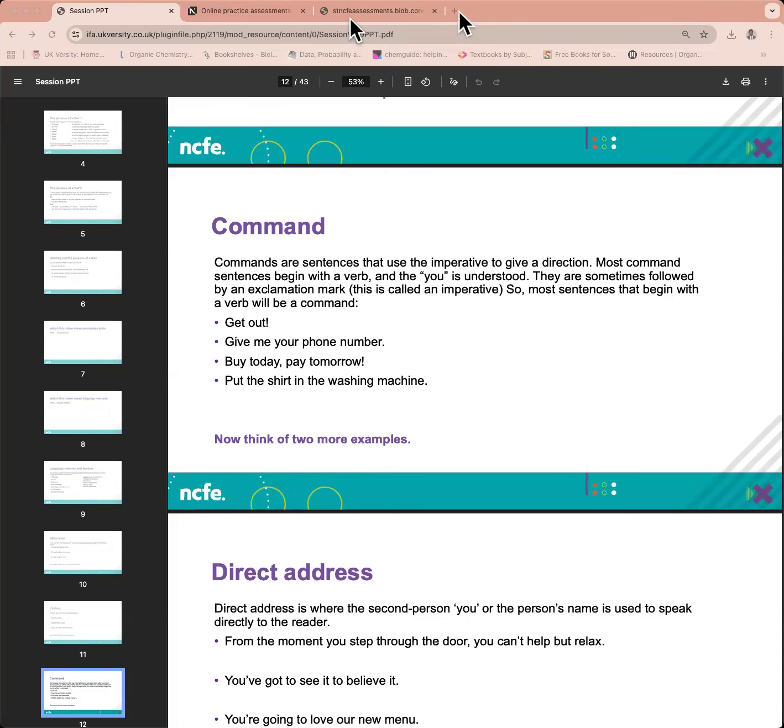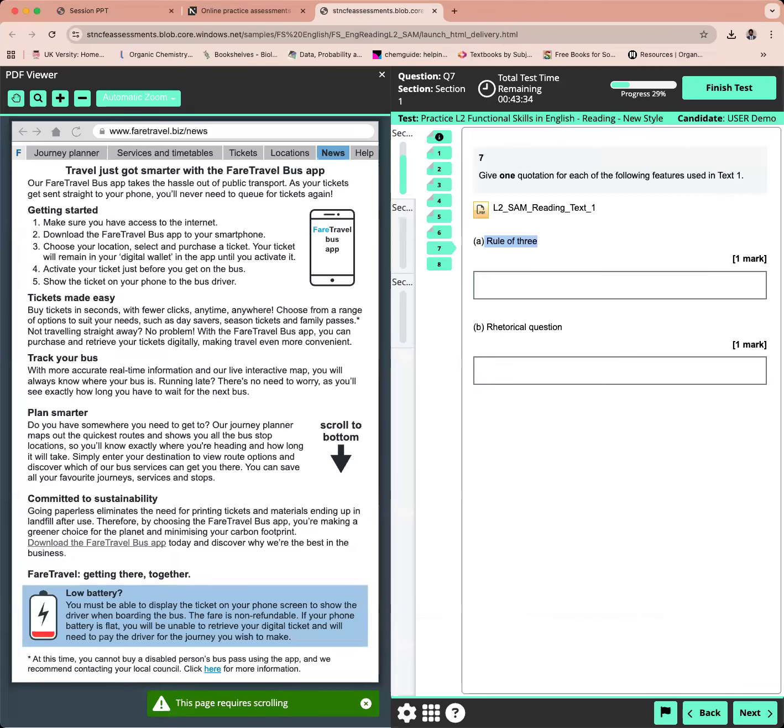Now, the rule of three in English is used when you're trying to use persuasive language. That means the writer is going to use a trio of entities or events or characters to stress that this is important, this is something which is required to be done, and that is what you will see appearing across the document.